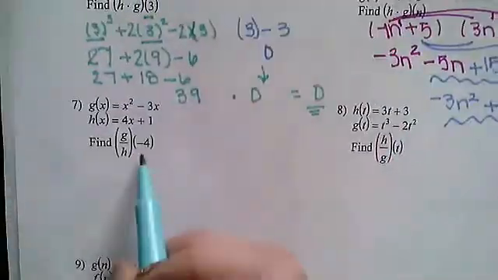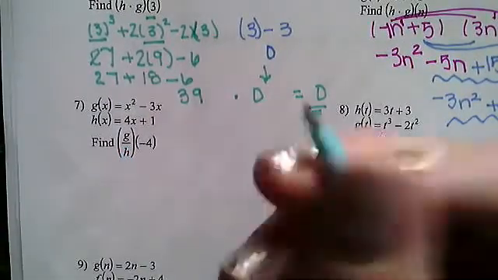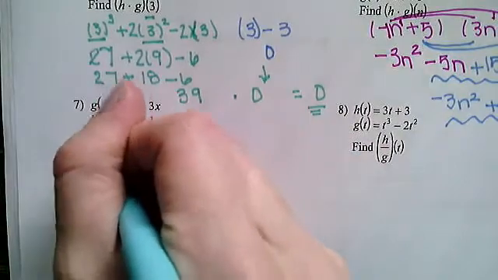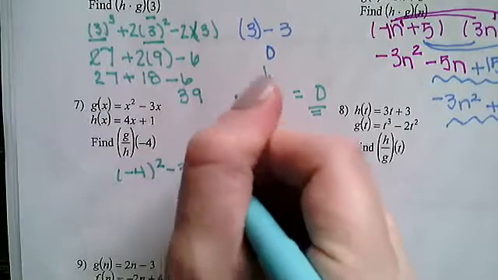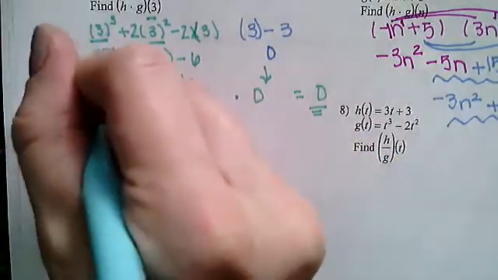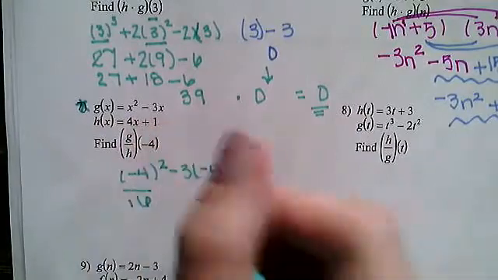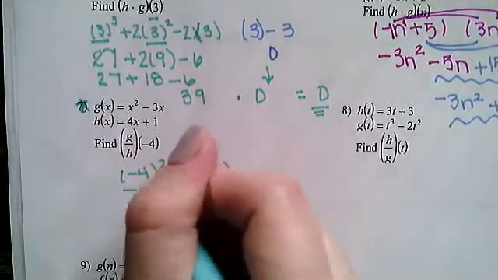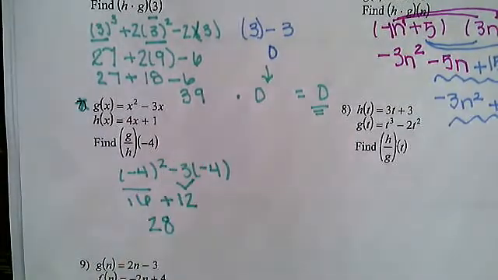These ones on the bottom are my favorite. We'll plug in this number, and then when the variables are stacked like this, we're thinking division. So we're going to plug our negative 4 into our top equation for both x's. Making sure that's in parentheses, we'll get a 16 and a positive 12 when we multiply, which is 28.